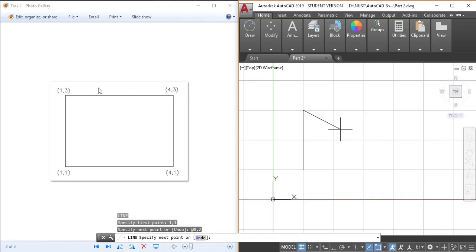Once again we have to see how many units we have to move in the x-axis and y-axis. So now look at this point. Now this is the initial point. We have to measure the third point with reference to this point, not with reference to the origin.